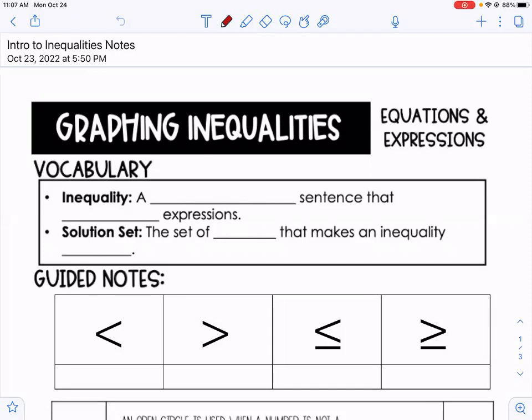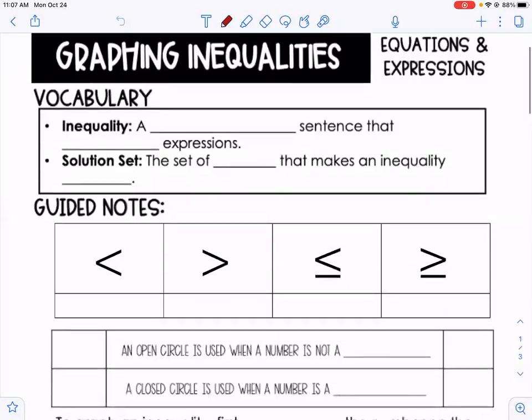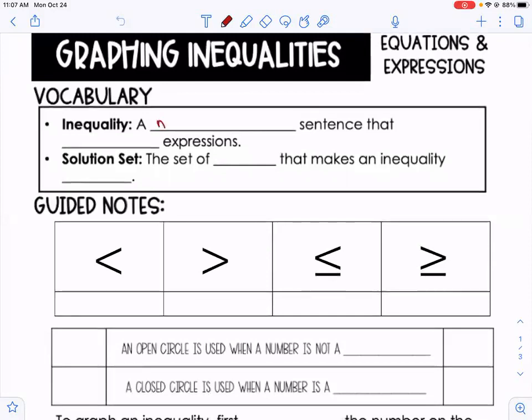Okay, so in our inequalities unit, you are going to see a lot of the same mathematical concepts that you did in unit 2 with equations. We're just going to now have inequality. So let's talk about what an inequality is. An inequality is a mathematical sentence that compares expressions.